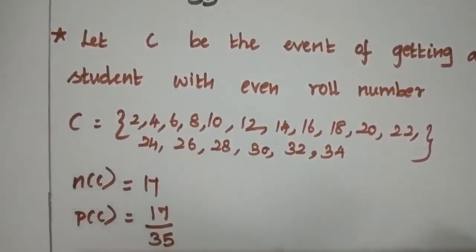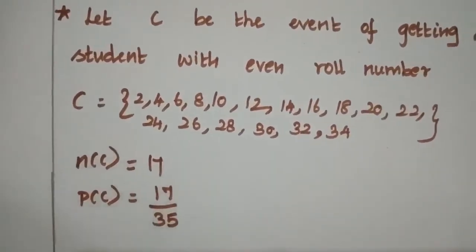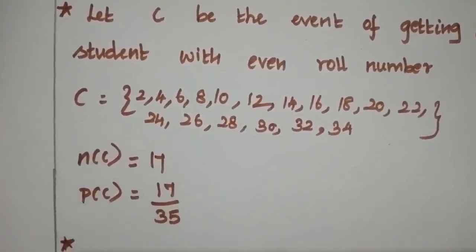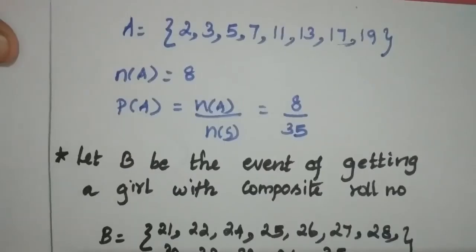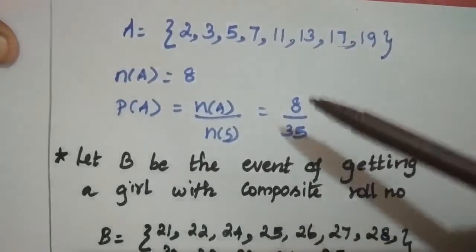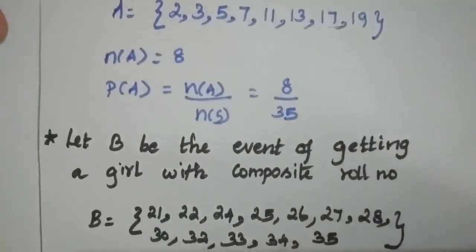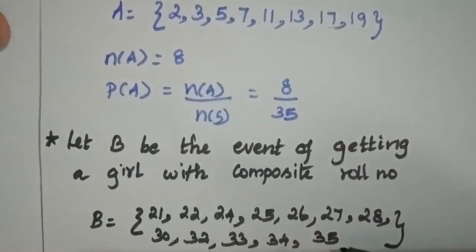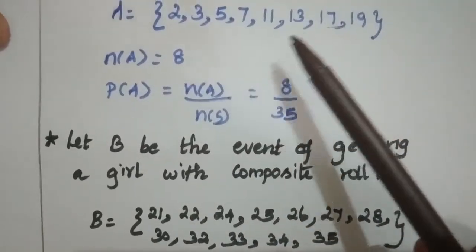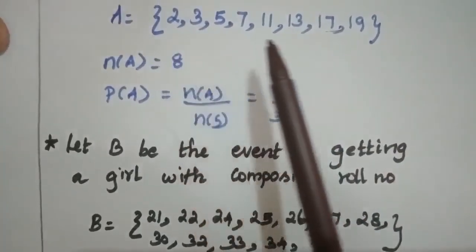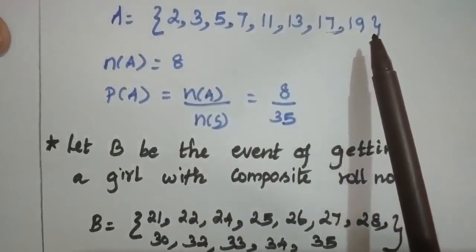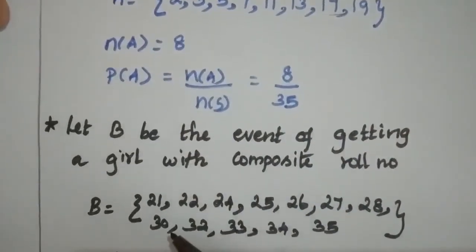The next step, that is the sample points common between A and B. Is there any sample points common between A and B? No. So here the sample points in A are less than 20. Here it starts by 21.